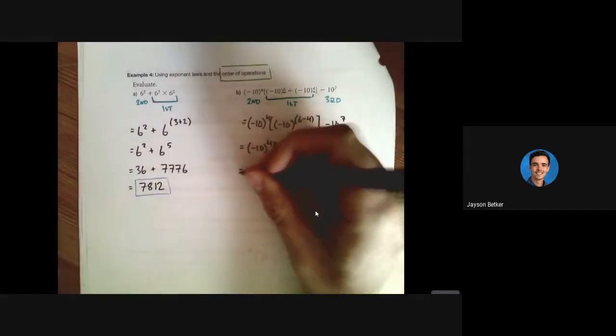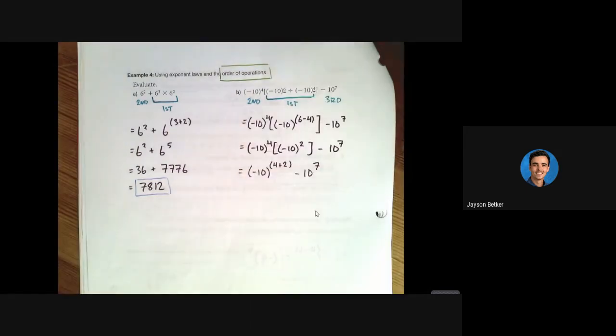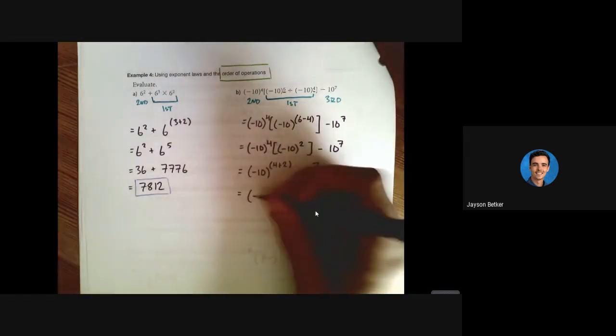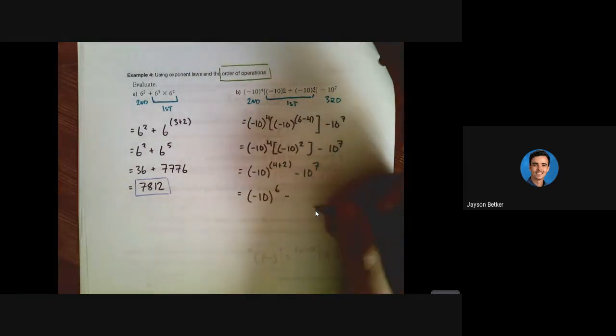So we take out our base, negative 10, and we add the exponents because it's a multiplication. So 4 plus 2. Minus 10 to the 7 is still there. So negative 10 to the 4 plus 2 becomes negative 10 to the 6 minus 10 to the 7.